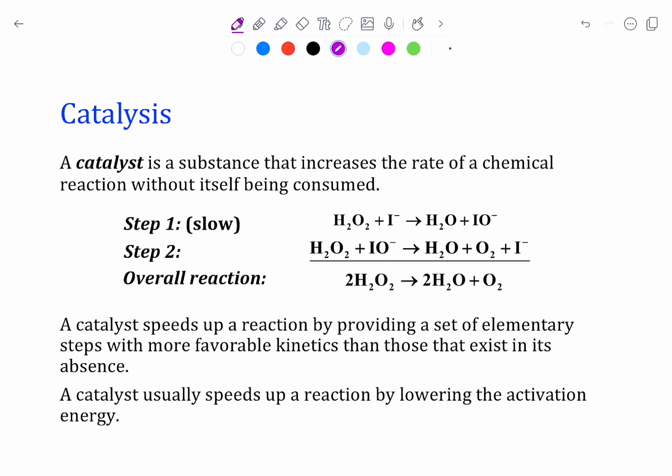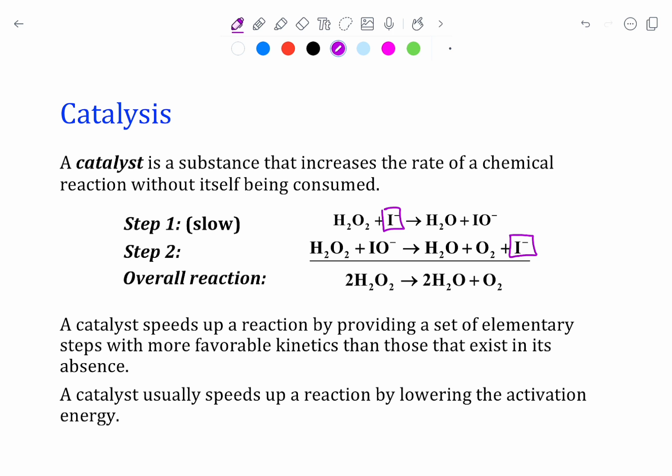So again, we have our reaction of hydrogen peroxide being facilitated by I- or iodide ions. Here we can see that we started the reaction with iodide and we ended the reaction with iodide as well. And the only reason it doesn't show up in the overall reaction is because it cancels itself out. But it was not consumed, right?